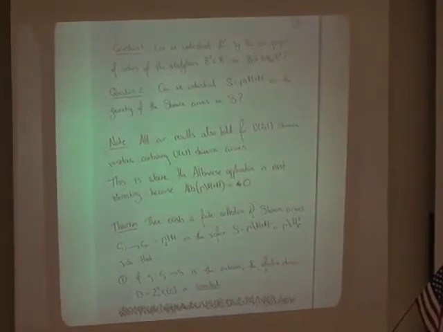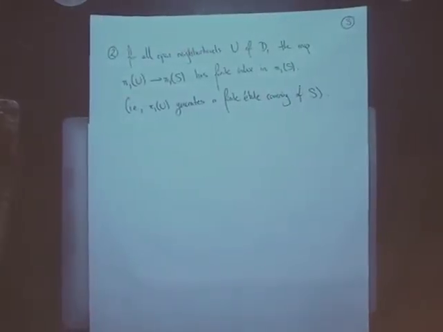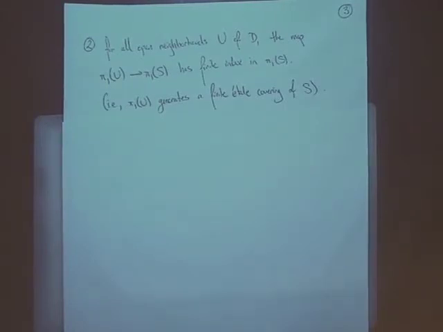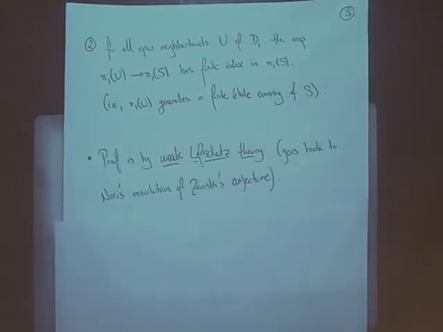Part 2, for all open neighborhoods of this divisor, the map on fundamental groups has finite index. And so you can really say that if you collapse neighborhoods onto the divisor, that is the fundamental group of the divisor. So we're really saying the fundamental group of this divisor generates our group gamma, well, it might not generate, but at least up to finite index.